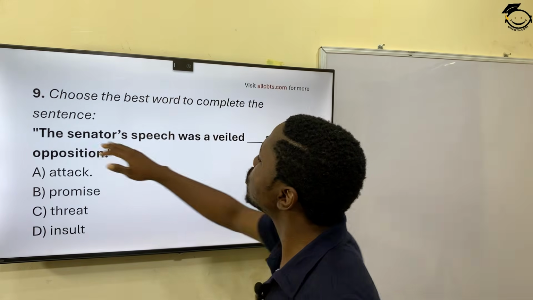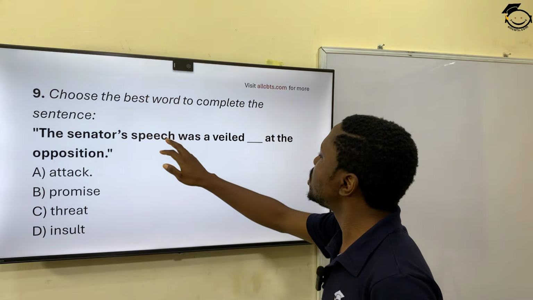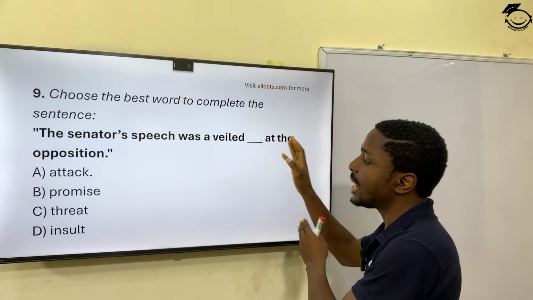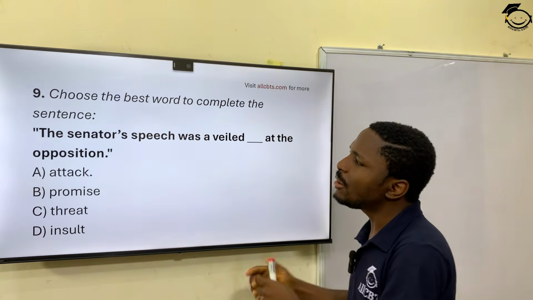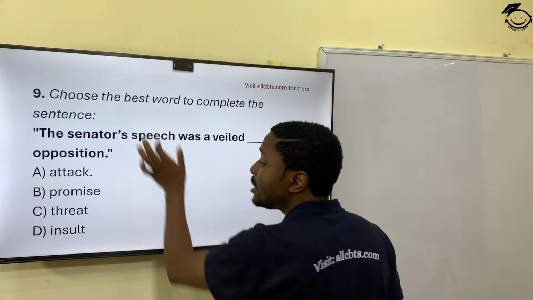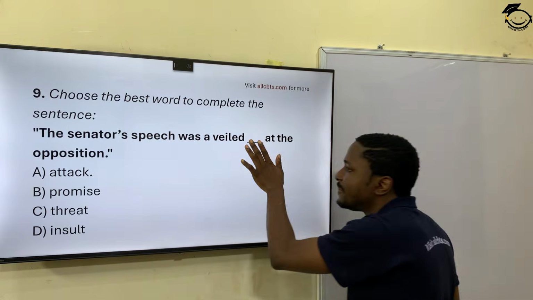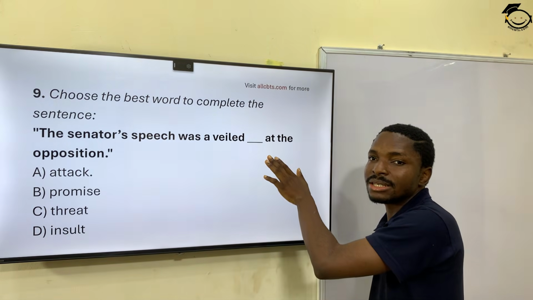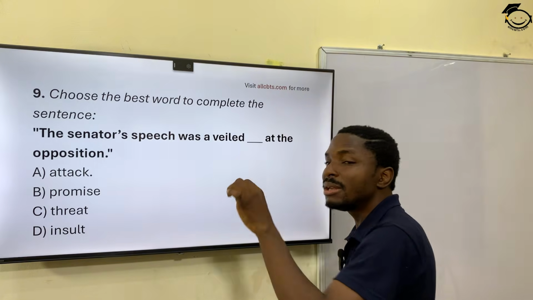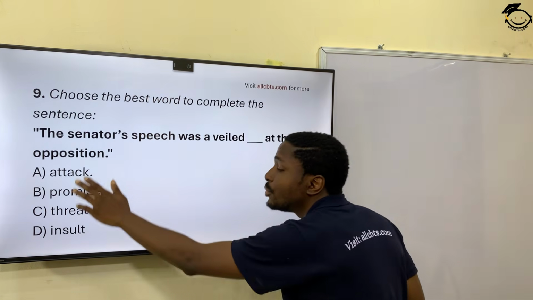Then question 9. Choose the best word to complete the sentence. What's the sentence? The senator's speech was a veiled dash at the opposition. Now, if you notice the instruction, it says the best word. In other words, there are other words here that can fit into the sentence. But the examiner wants the best. That means give us the best out of all the words.